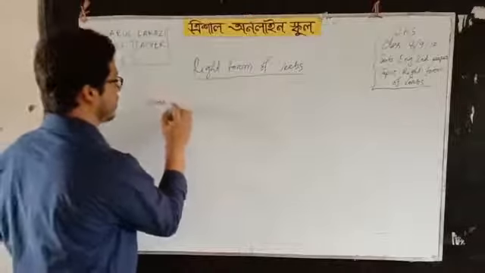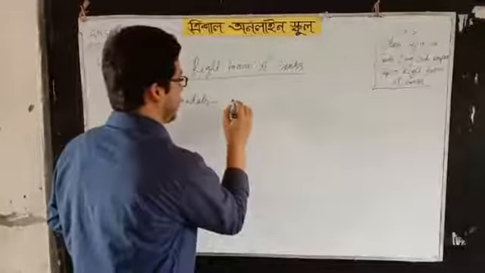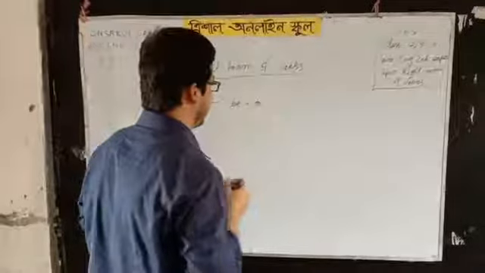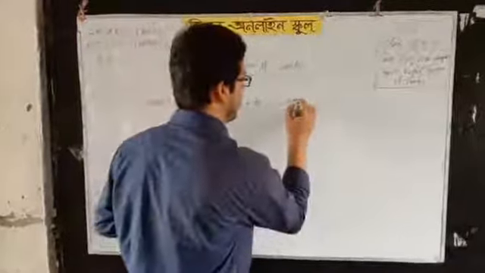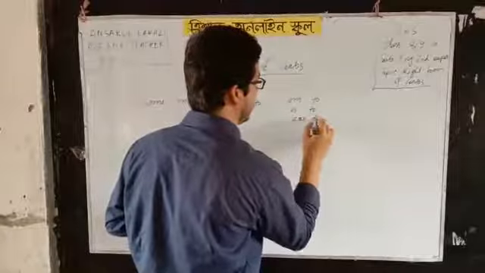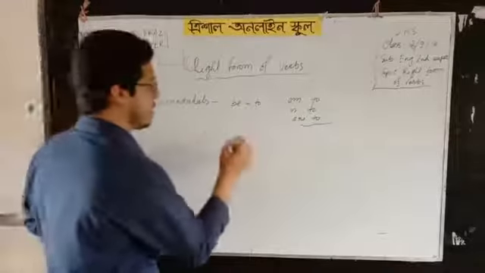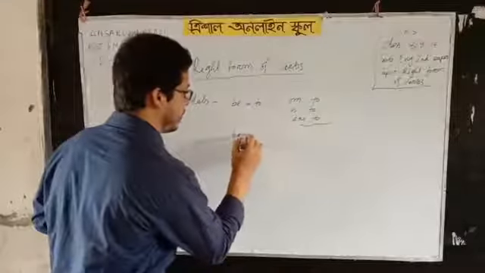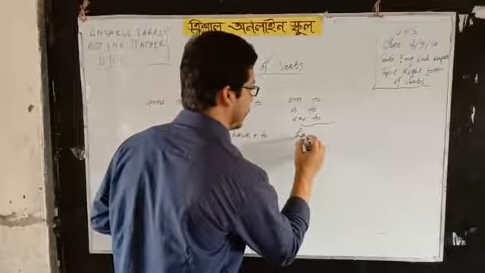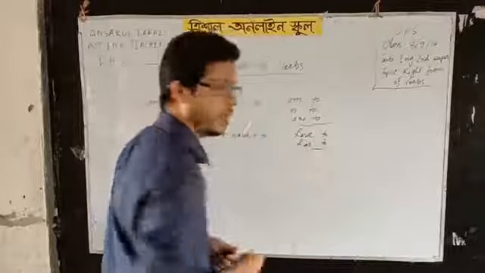Some semi-modals, like you have heard about verb to be, that means am to, is to, are to, in this way was to, were to, like this. And there are some verb to have, that means have to, has to, in this way had to as well.